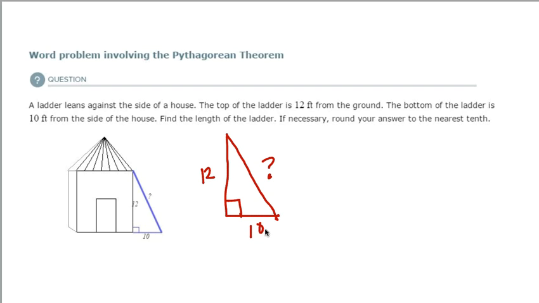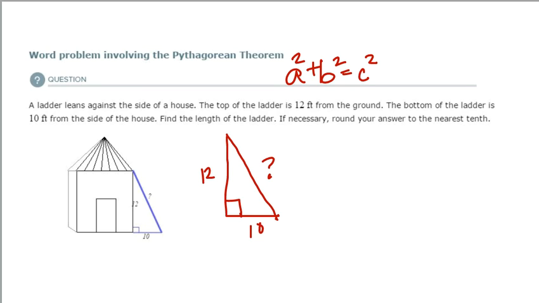First, it's very important to make sure that you identify with our Pythagorean theorem: a squared plus b squared equals c squared. The two numbers you're given are not always guaranteed to be the a and the b. So be very careful.